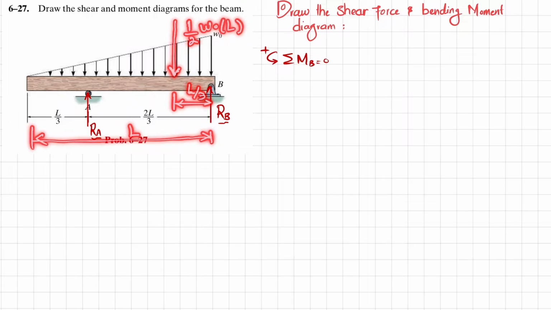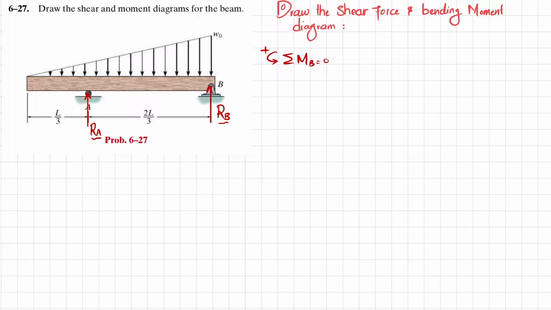Clear? Okay. So let's write that RA into the perpendicular distance 2L over 3, and it is producing clockwise rotation, so this will be negative.